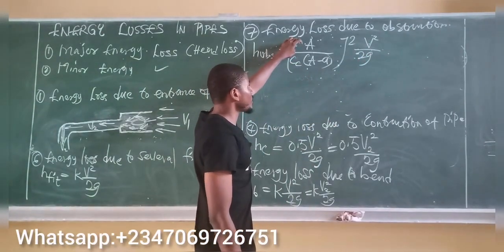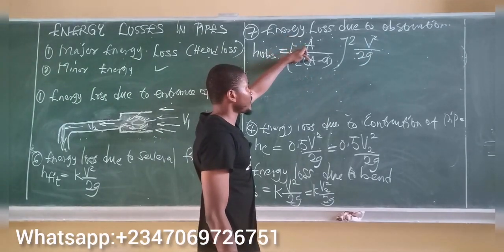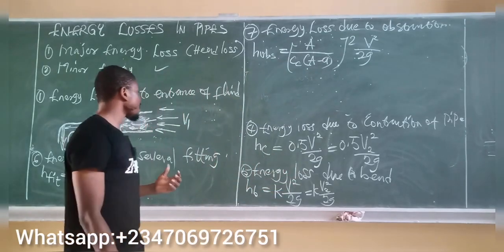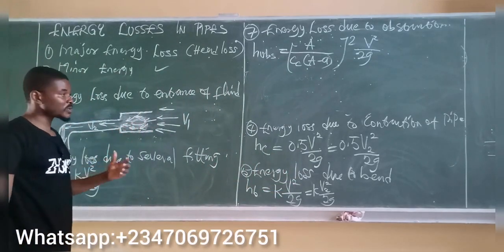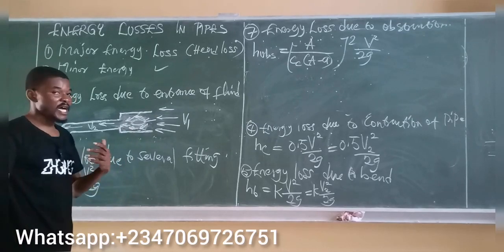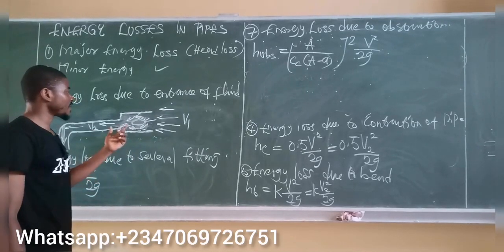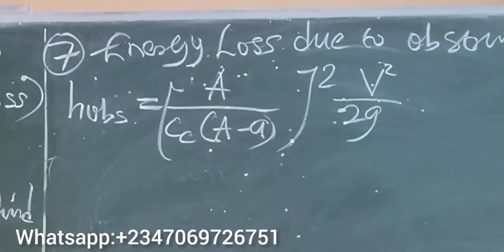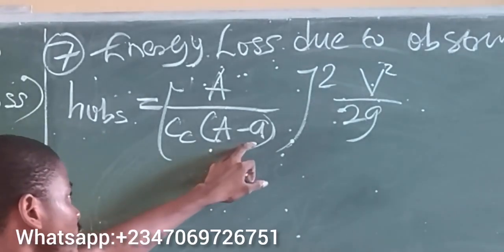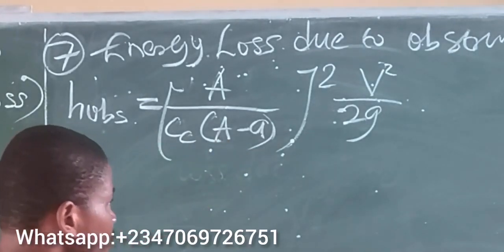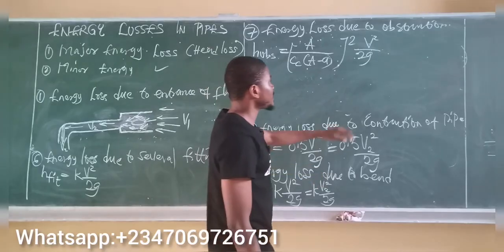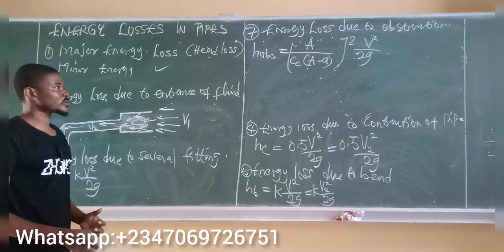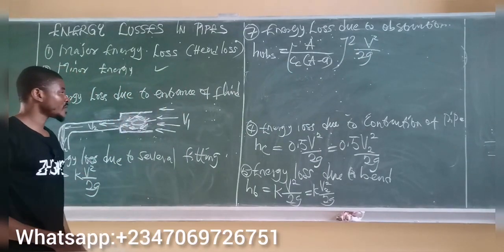Capital A here stands for the area of the pipe, while the small letter a stands for the maximum area of the obstruction. The given object causing an obstruction should have a diameter, and from the diameter you can find the area of that object. Cc, of course, is a constant which will also be given to you. And V depends on the speed of flow at the point of the obstruction. So that's the formula to calculate the head loss due to obstruction.